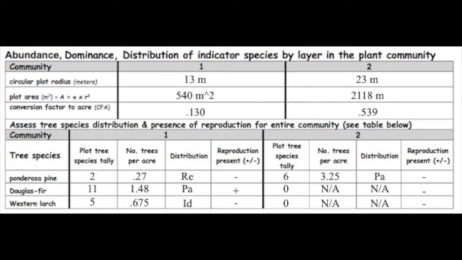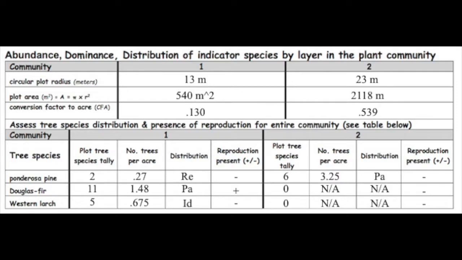By studying species distribution, we can also make assumptions about the reproductive cycles of each species. When examining the north slope's tree species, you can see that the Douglas fir has a positive reproduction rate compared to the ponderosa pine and the western larch.